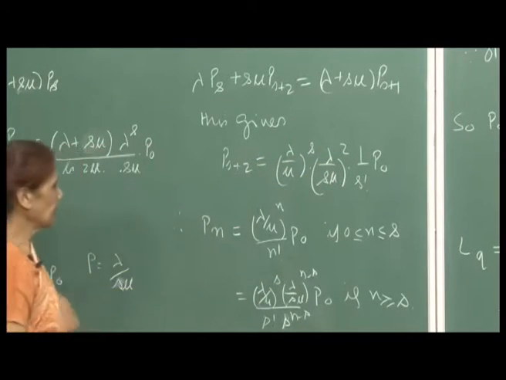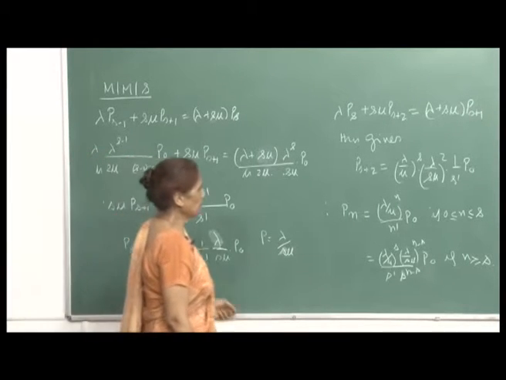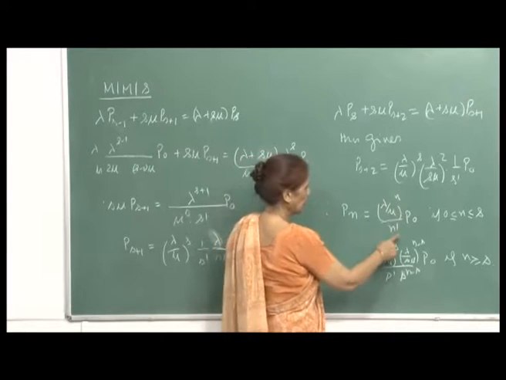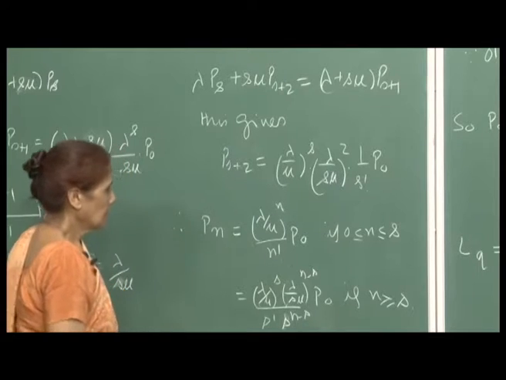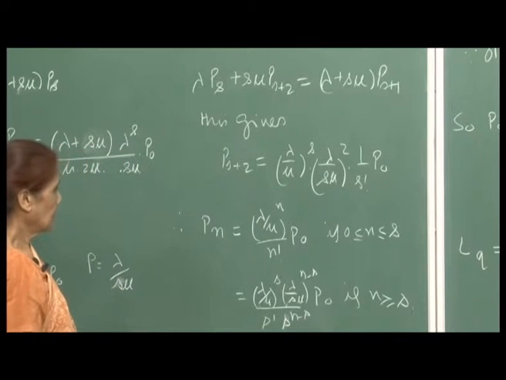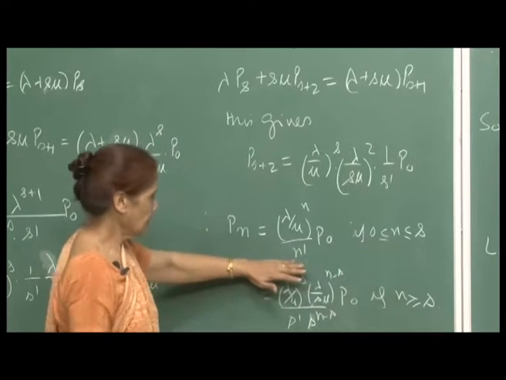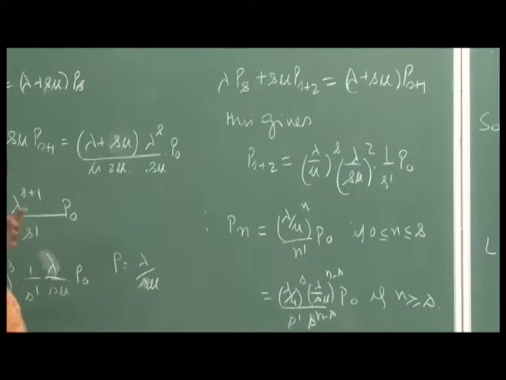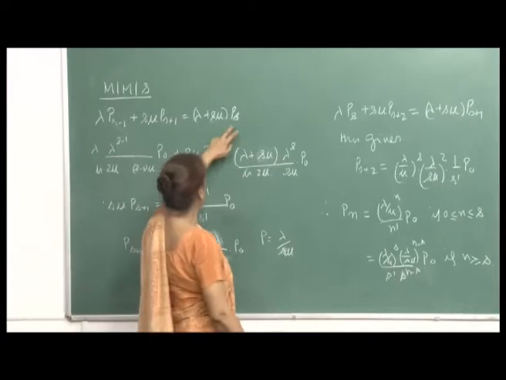Now you can write the general formula, and that will be Pn is (lambda by mu)^n over n factorial times P0, for n between 0 and s. This formula is okay for n between 0 and s, that is what we were using here, right, and here for Ps.